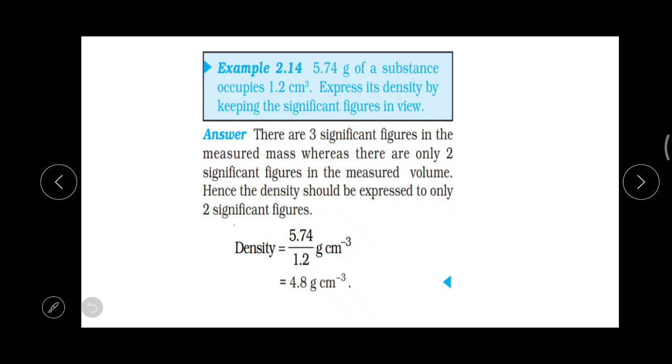So the resultant value should have 2 significant figures. We got it as 4.8 gram per centimeter cube. Okay, so those are the two examples.